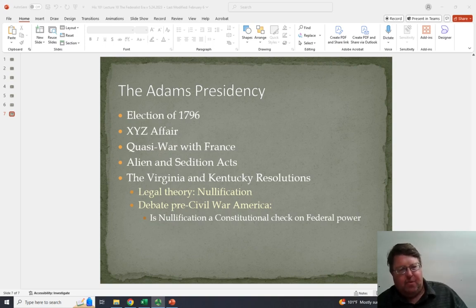Democratic-Republicans James Madison and Jefferson argue for nullification. States have a right to nullify federal law, so we don't have to follow federal law if we deem it unconstitutional. Okay? And that's the debate. Is nullification a constitutional check on federal power? For Jefferson, Madison, and the Democratic-Republicans, nullification was just a check and balance.